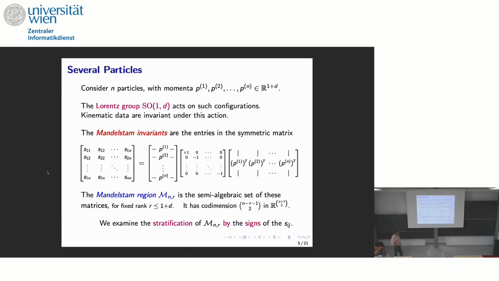So what we're going to be interested in, we're going to carve up this region, this semi-algebraic set, into pieces according to the signs of S_ij. I'm going to stratify this according to the signs of the entries S_ij, and so each entry here could be positive, negative, or 0. And this will give us a stratification or subdivision, right?